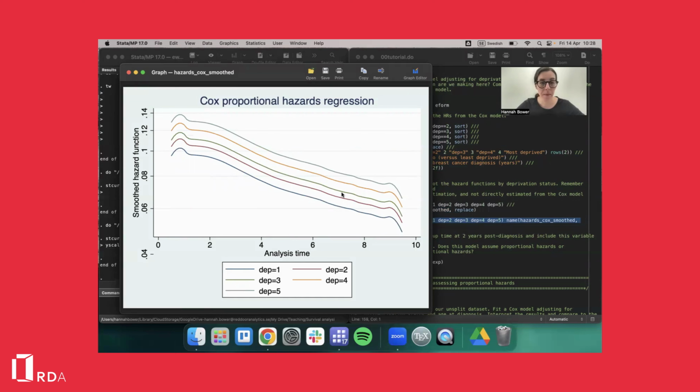So when we look at the results on the hazard scale, when the Y scale isn't logged, we don't see this constant difference between these lines. But here we can see that, and that represents again the proportional hazards assumption, that when we take the ratio of these across any time point, we see the same value.